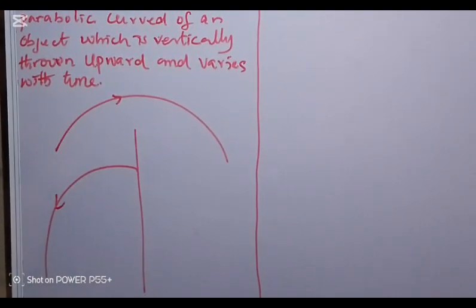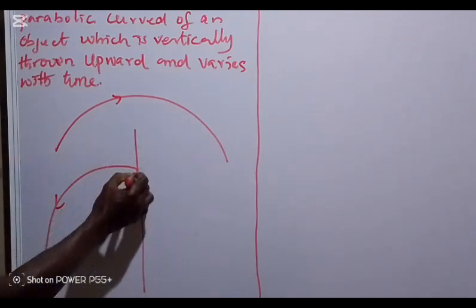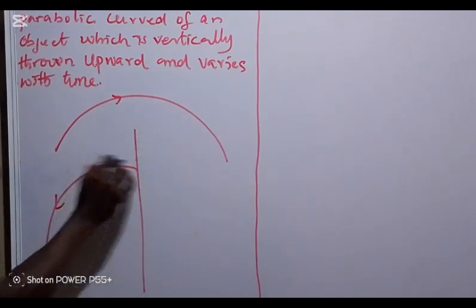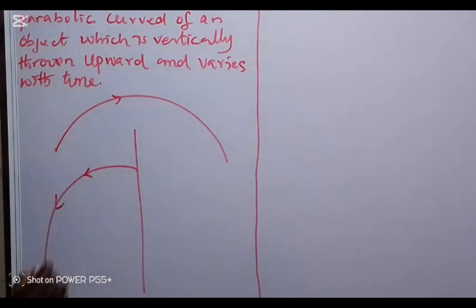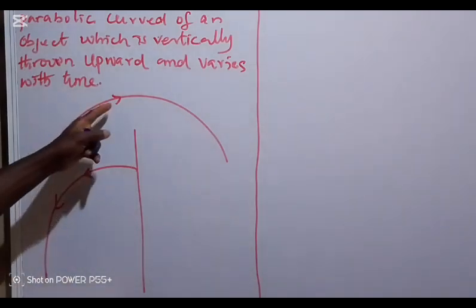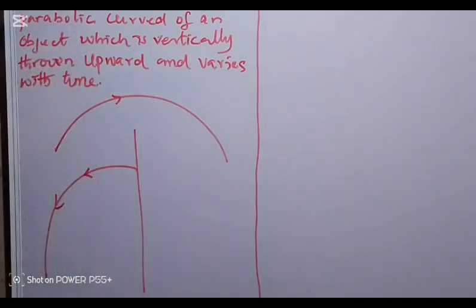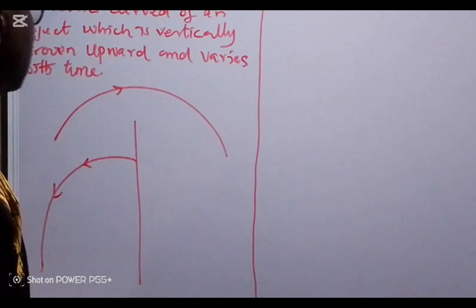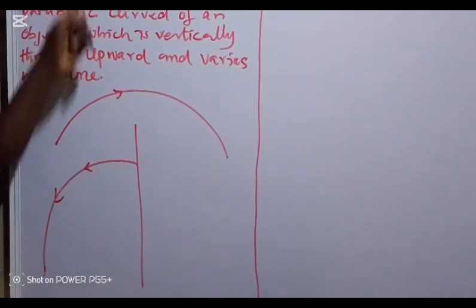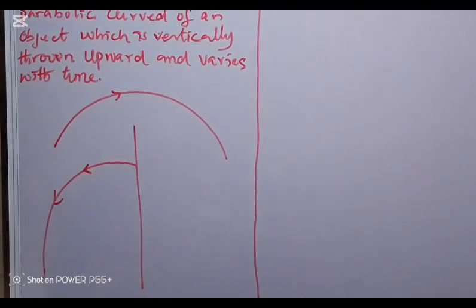Or for instance, when a tennis ball is kicked against the wall and bounces back, the curve will be like this, which shows a parabolic curve. An object that performs this is a projectile, and the motion performed is projectile motion.